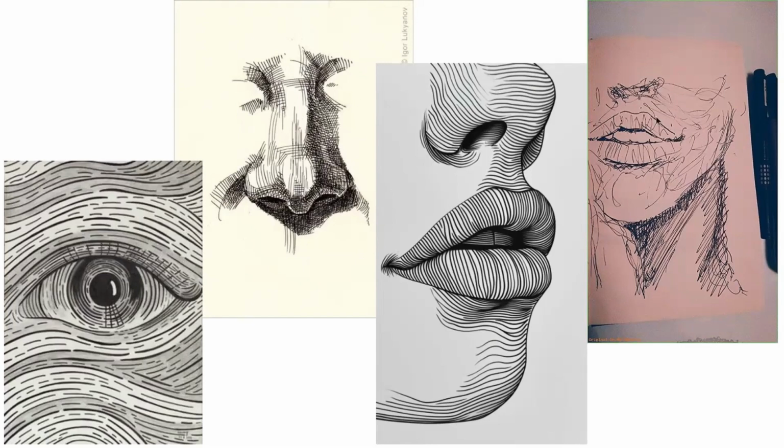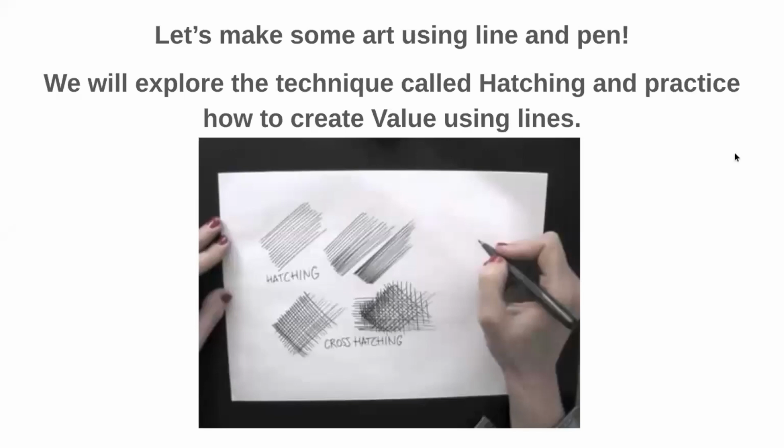And if we come to the very far portrait here, where we have the lips and our neck, we'll see that this artist is using much more organic, free-flowing lines, but yet they are achieving the same thing. Again, when we use lines over top of each other or close together, we get these shadowy areas. And when we have them further apart, we have these light areas. All right, well, we're going to make some artwork now and try this out.